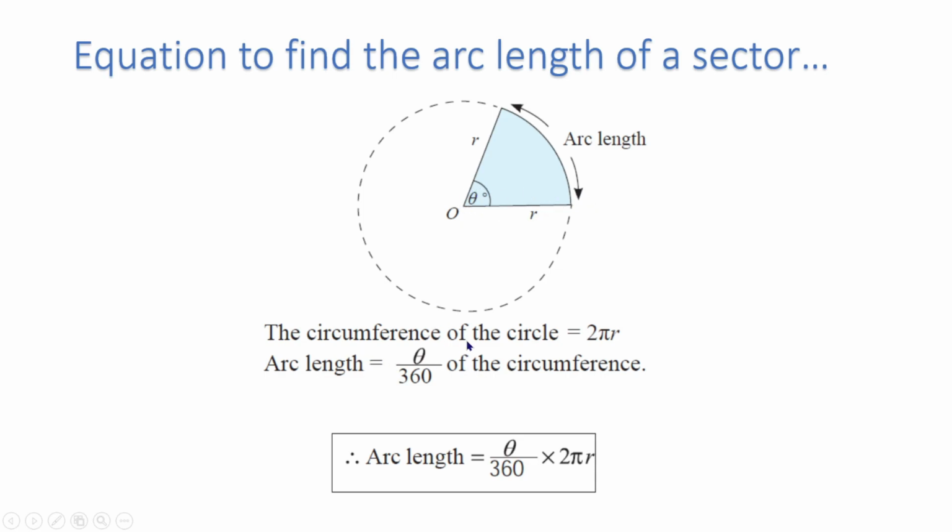The circumference of the circle is 2 pi r. The arc length, we can take it as theta over 360 of the circumference. So the arc length is equal to theta over 360 into 2 pi r. This is the expression to calculate the arc length of a sector.